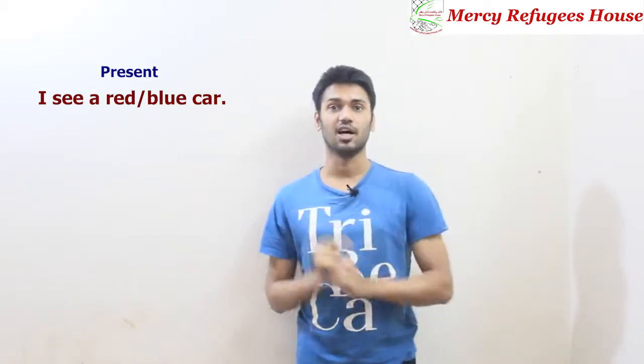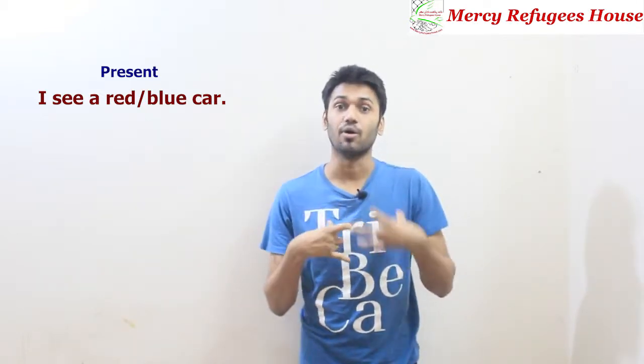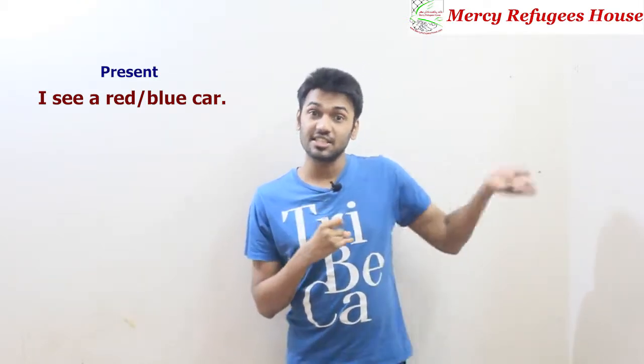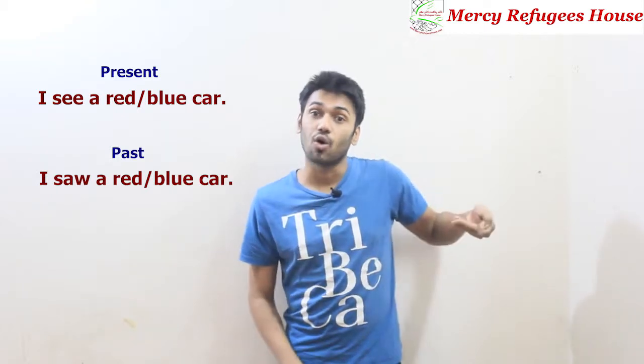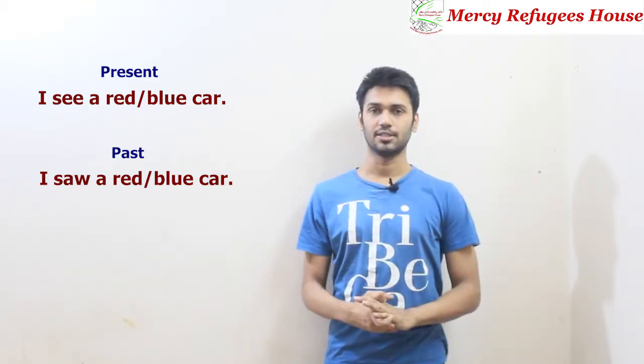Now, next one, I see a red car. Well, obviously, I can see a red car, or maybe it's a blue car. I could say, I see a blue car. Now, it is now happening. Now I'm seeing it. If I saw it yesterday, then I would say, I saw a red car. I saw a blue car.